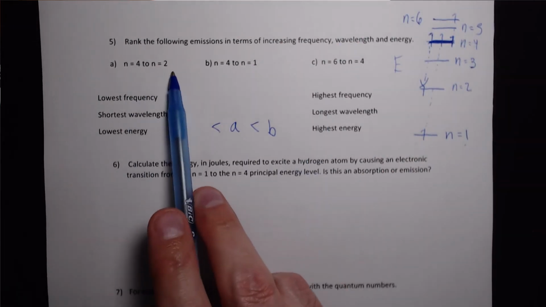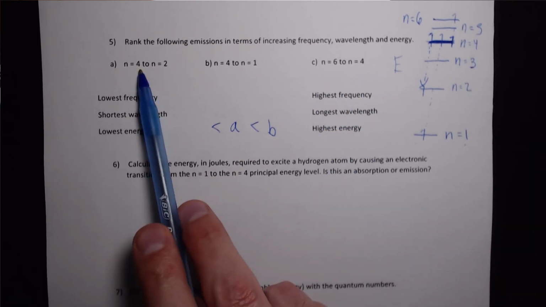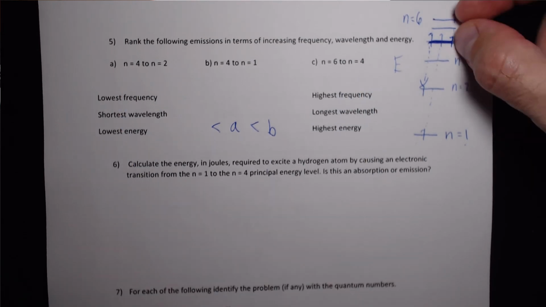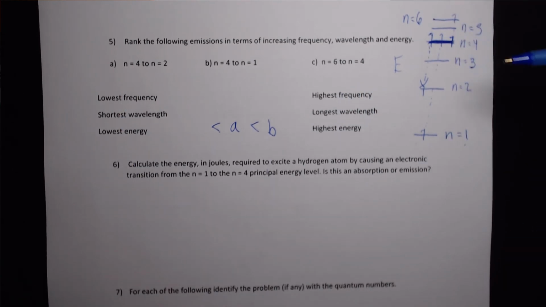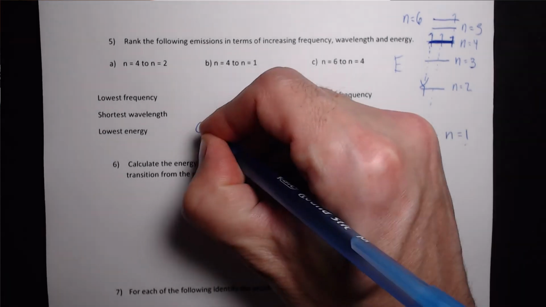And notice that this is still a gap of 2, but since 6 is further away from the nucleus than 4, this is always going to be less energy than this because these orbitals get closer and closer together as we move further and further away from the nucleus. So the answer here is going to be C.